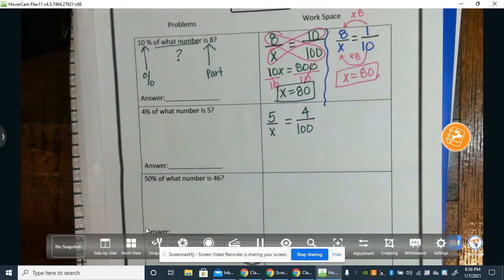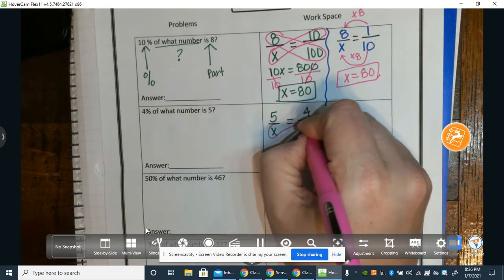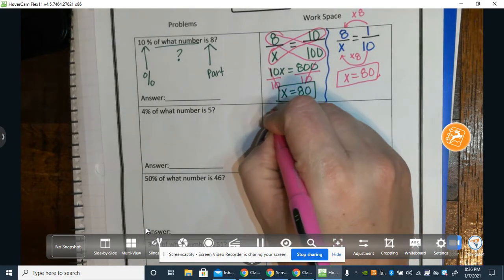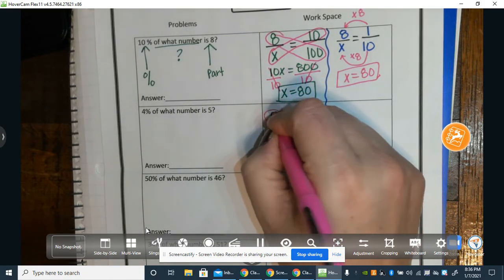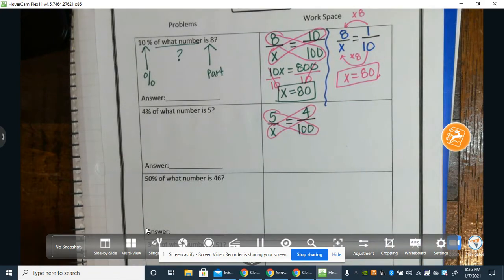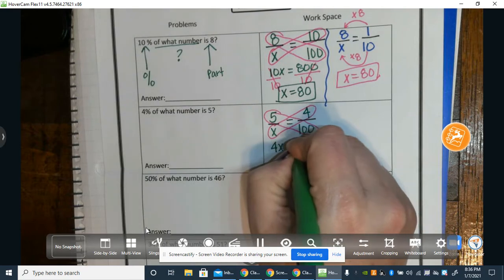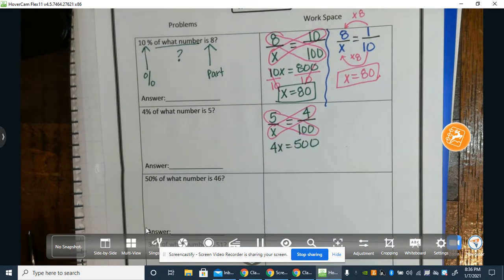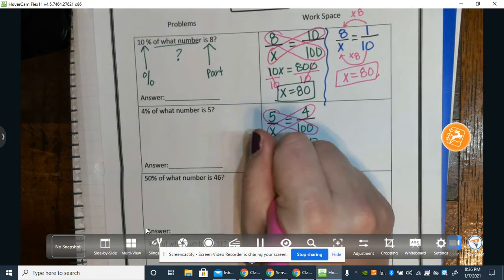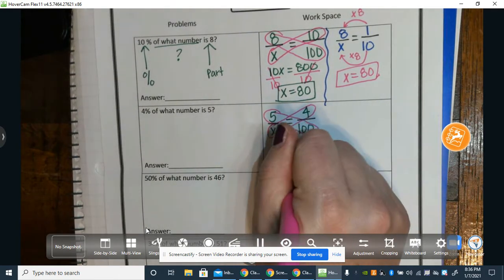Okay. Now 4 can't turn into a 5 and 5 can't turn into a 4. So I'm going to cross multiply. And I'm left with 4x is equal to 500. So then I'm going to divide each side by 4 to get the variable by itself, to get x back by itself.